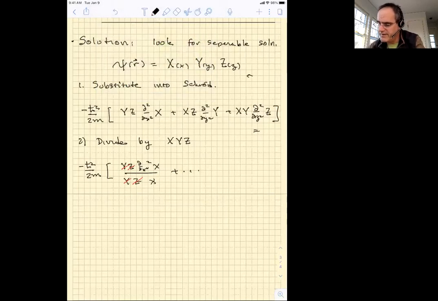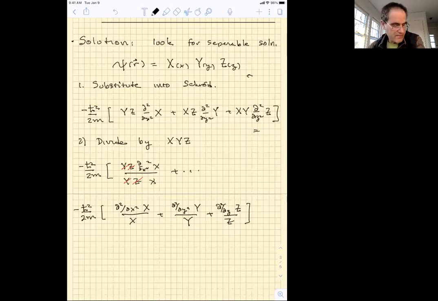Instead of writing all those out right now, let's just skip to the next line, where we have the second derivative with respect to x of the x function divided by x, plus the next term, which gives us the second derivative with respect to y of the y function divided by y, plus the second derivative with respect to z of the z function divided by z.